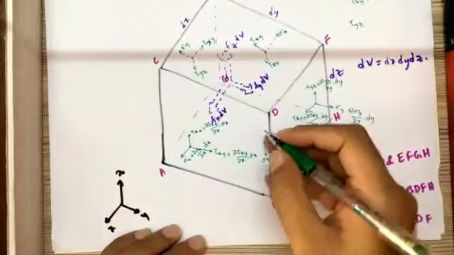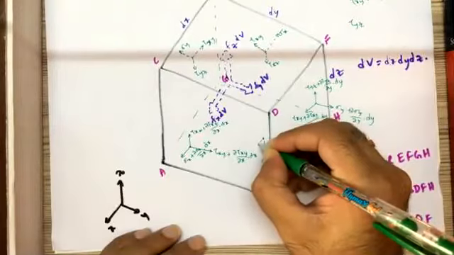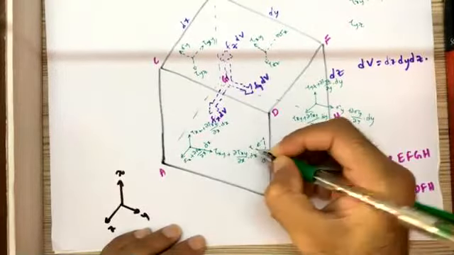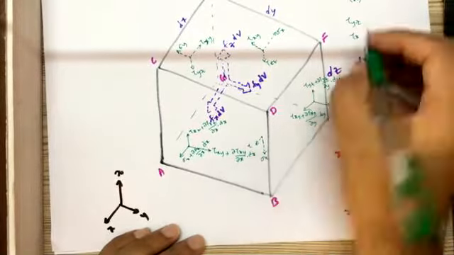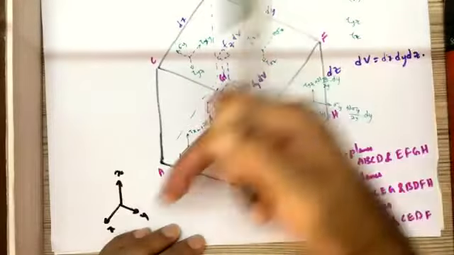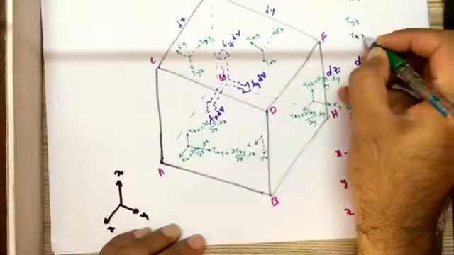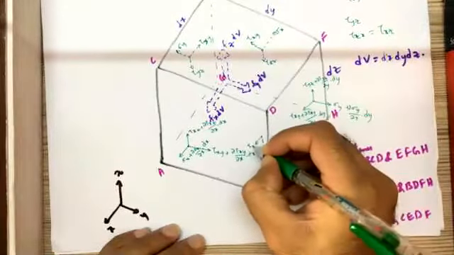If this is sigma z, in x direction I'll be having tau acting on which plane? Z plane. So tau z in which direction? X direction. So that would be tau zx. But I know tau zx is same as tau xz. So I'm simply writing tau xz.